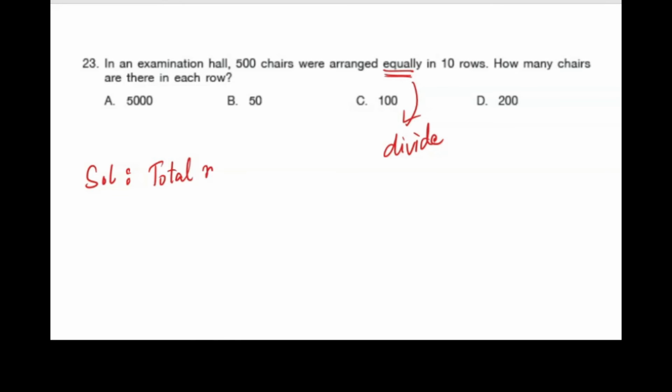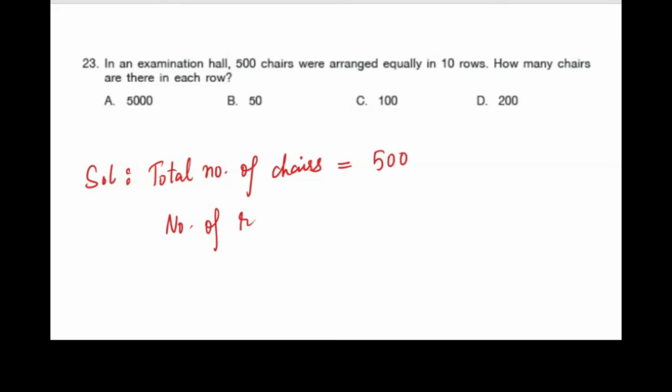Total number of chairs in the examination hall is 500. Now, number of rows is 100. Sorry, 10.